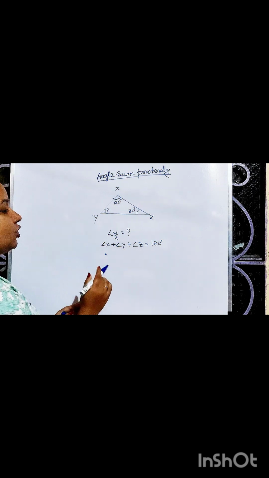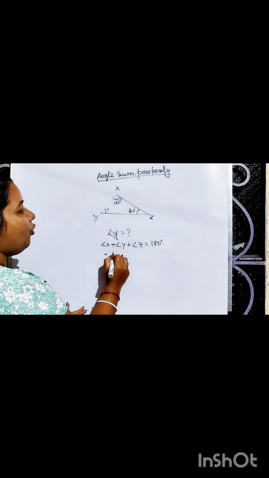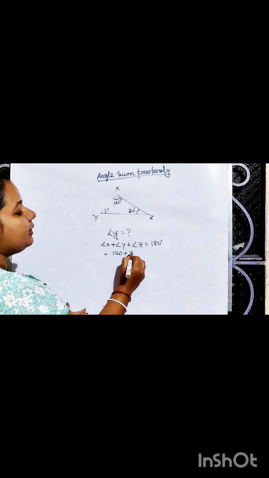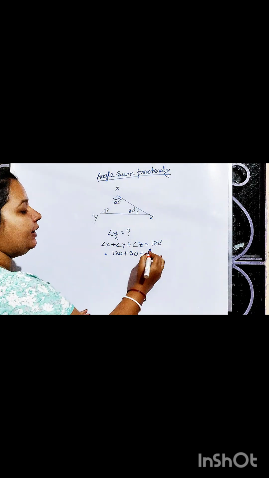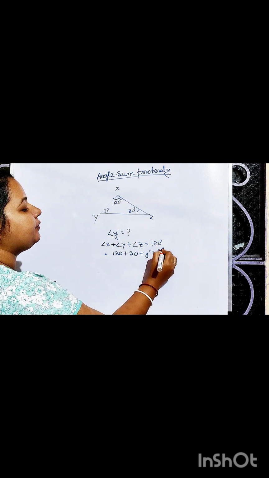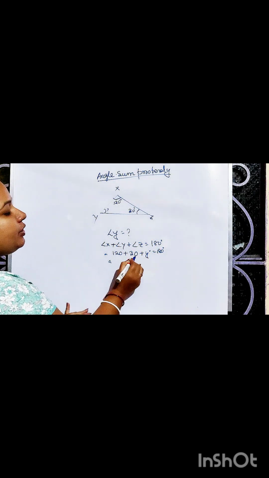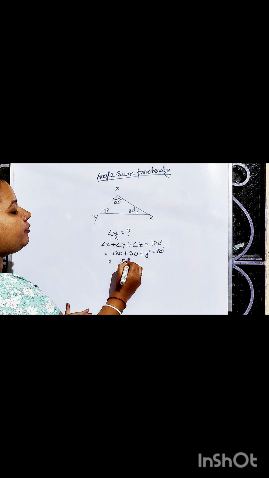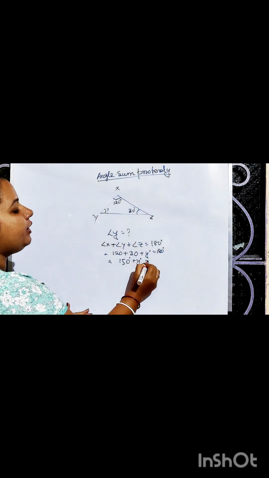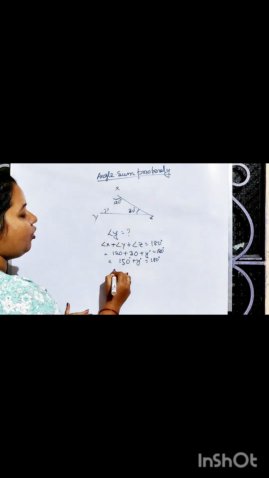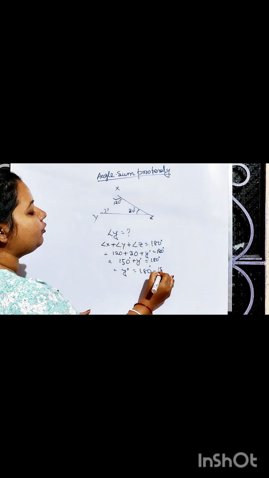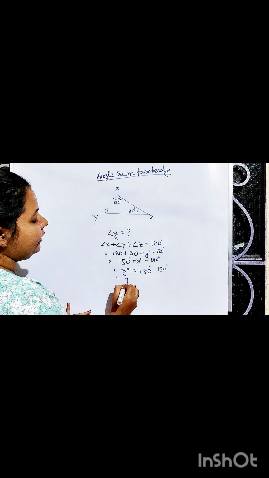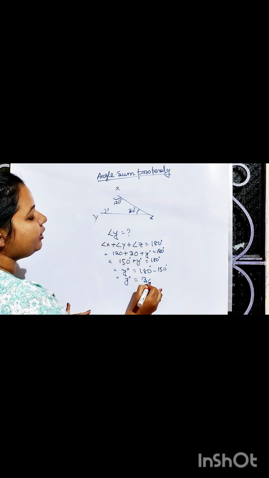So put at the place of x and z: 120 plus 30 plus y, not known, so y degree equals 180 degree. 120 plus 30 means 150 degree, plus y degree equals 180 degree, or y degree equals 180 minus 150, or y degree equals 30 degree. So what will be the value of y? 30 degree.